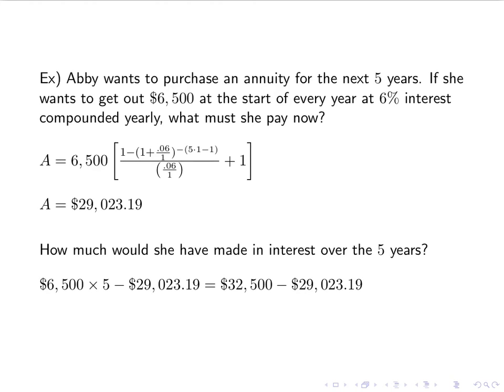She put in $29,023.19. So the difference, $3,476.81. Okay. Also, don't forget that if you don't remember which one's S and which one's P, just take the difference and make sure your answer is the positive difference, right? It's the bigger one minus the smaller one, because you can't have negative interest.